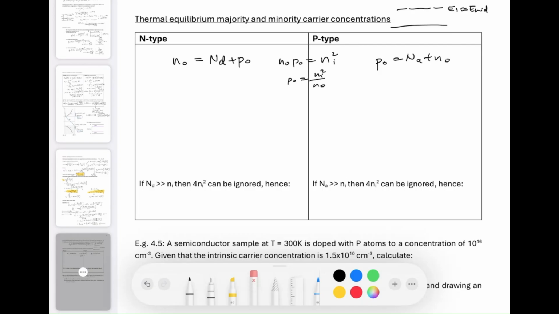If you sub in the P0 here, you can obtain N0 equals Nd plus Ni squared over N0. So now this is a quadratic equation in N0. And of course, the answer can be obtained just through the quadratic formula.